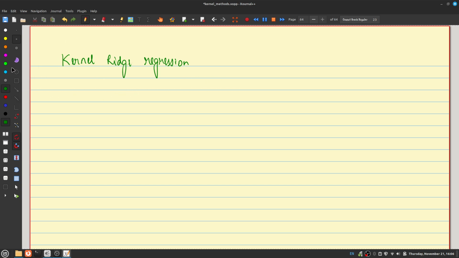So let's recall the linear regression problem. In general, what does regression in R^d, or linear regression in R^d, look like?